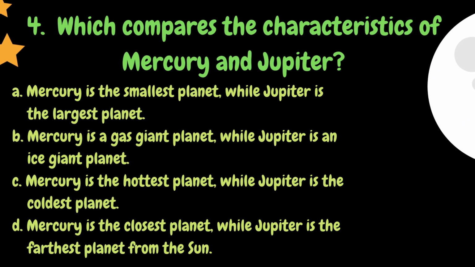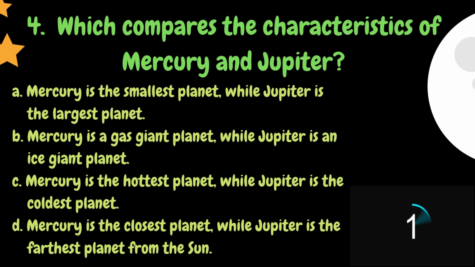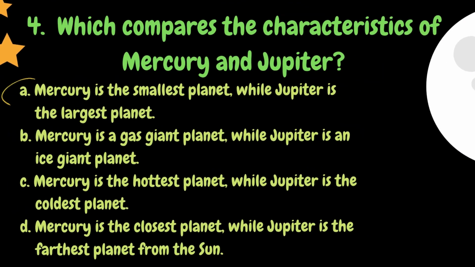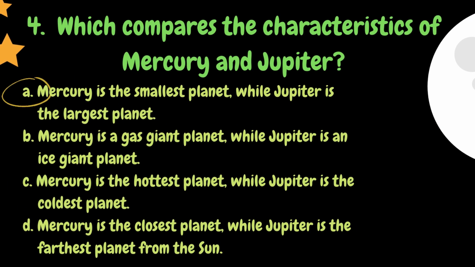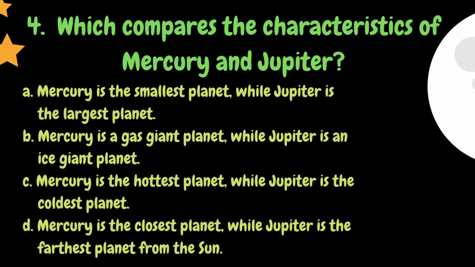Letter D. Mercury is the closest planet, while Jupiter is the farthest planet from the Sun. The correct answer is letter A. Mercury is the smallest planet, while Jupiter is the largest planet.